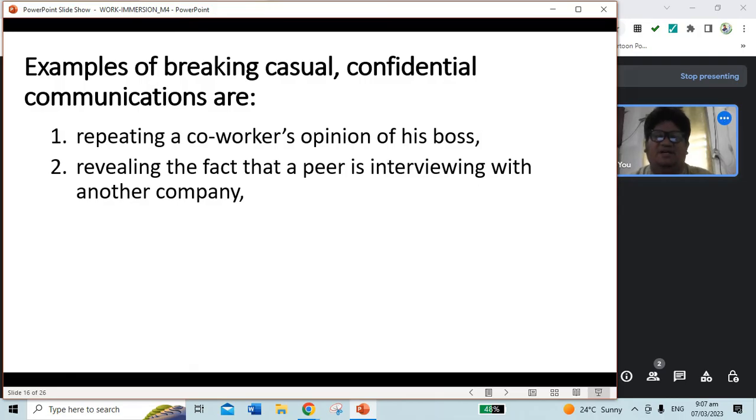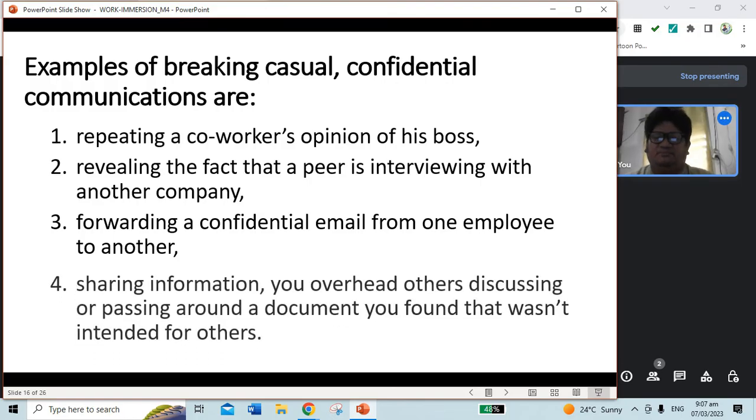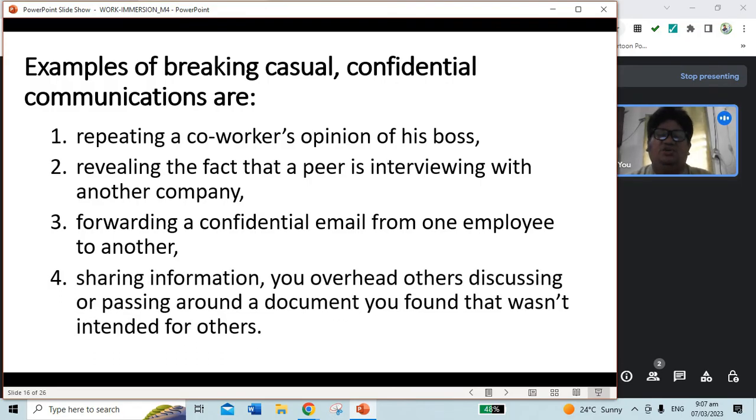So you break confidentiality. Forwarding a confidential email from one employee to another. O ayan, yung mga email na yan, that's confidential. Sharing information you overheard others discussing, or passing around a document you found that wasn't intended for others.